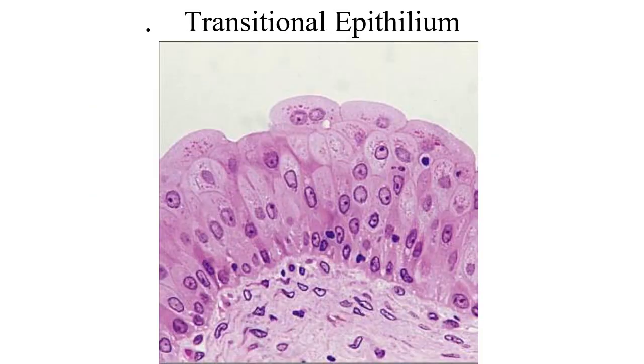From there we have transitional epithelium. And so transitional epithelium, it appears to be stratified. We've got multiple layers of cells there, and it truly is stratified. But the thing is, with this, we don't really see a single cell type. And so there we have a more cuboidal looking cell, another one there. Here we have cells that are more flattened out.